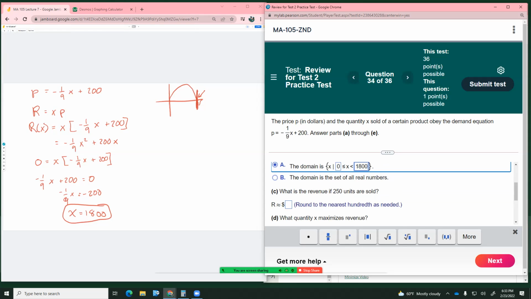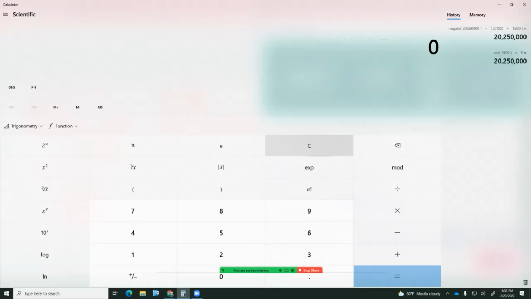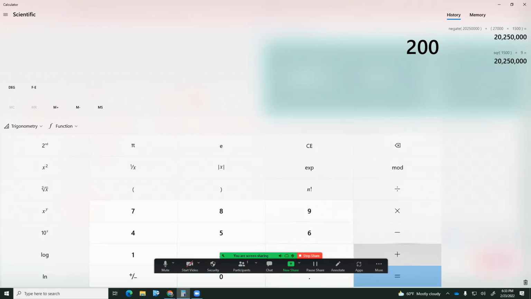All right, what is the revenue if 250 units are sold? That shouldn't be too hard. Basically, you're just going to do R of 250 is equal to -1/9 times 250 squared plus 200 times 250. Oh, Lord. I was about to say, that doesn't make any sense. It's a good chance that's just going to be half of the last part. I've been doing this for a minute, so I kind of caught on to that.